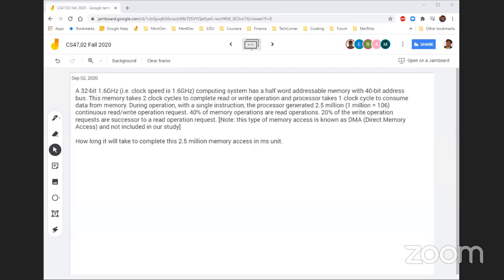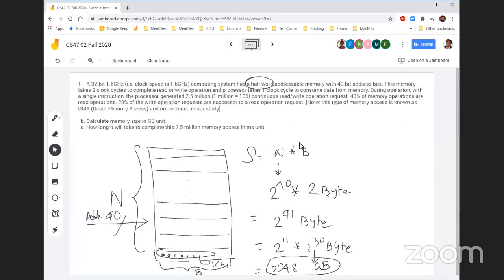It's about a system which is a 32-bit system running on a 1.6 gigahertz clock, connected to the memory, and we did the previous parts, like the size of the memory and calculating the clock period.